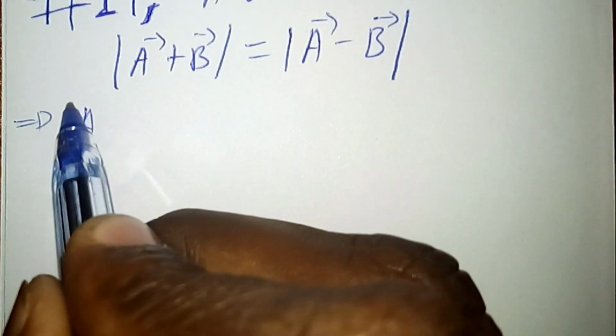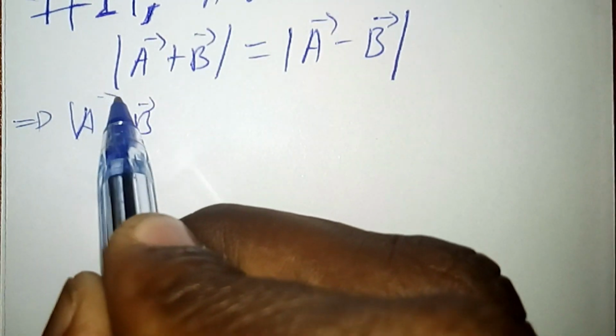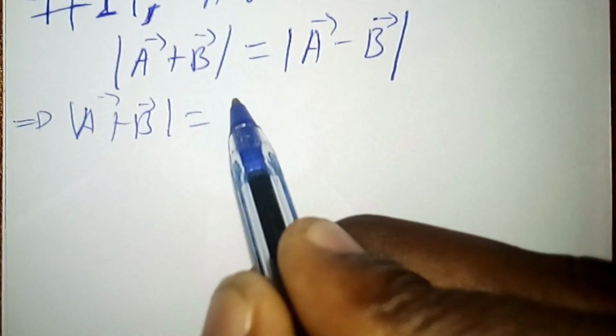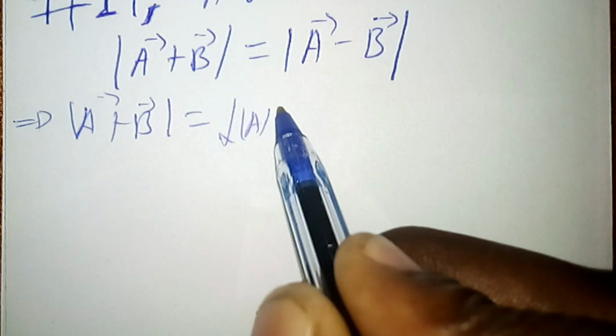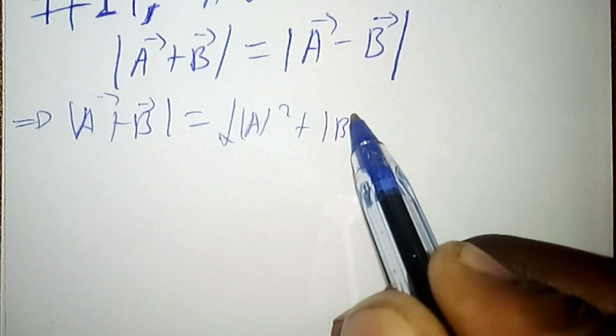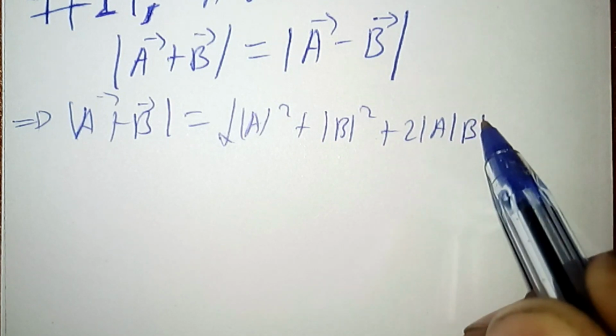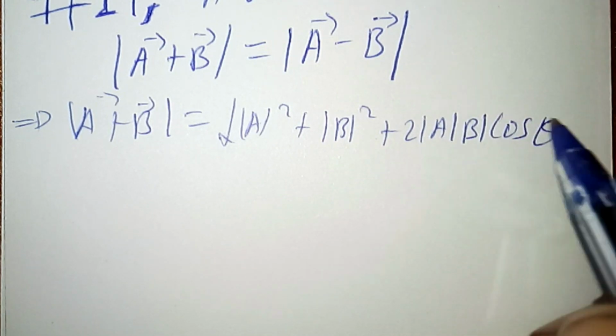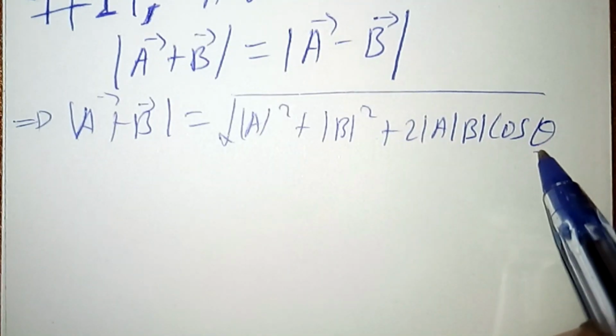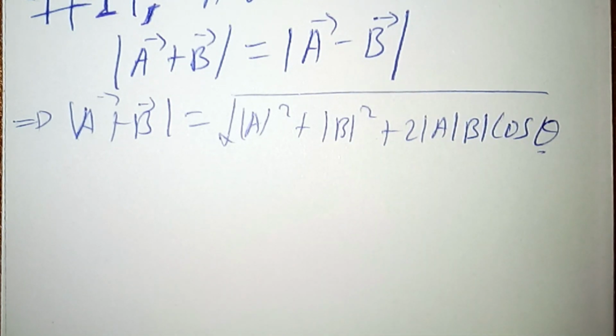We can prove this mathematically by using the cosine law. The magnitude of a plus b is equal to the radical of the magnitude of a squared plus the magnitude of b squared plus twice the magnitude of a and b times cos theta, where theta is the smaller angle between the vectors a and b.